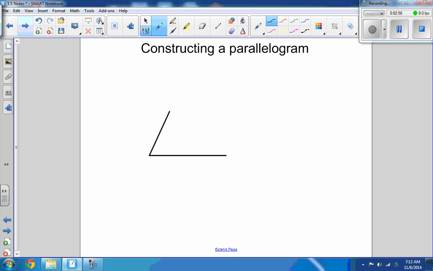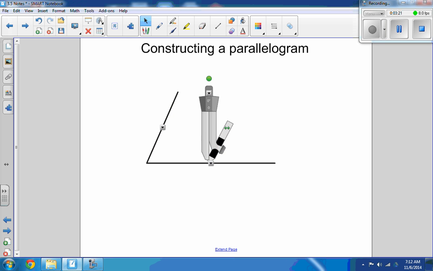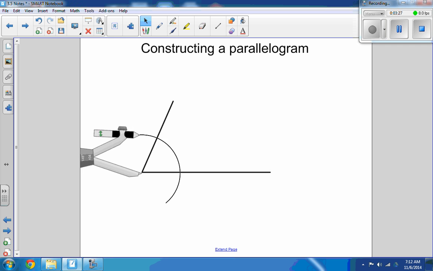So let's use this thought. Let's construct a parallelogram. Well, remember the basic principle of a parallelogram is that opposite sides are parallel. So basically all I need to do is create two parallel lines. I'm actually going to make my parallelogram just a little bit larger here. I make an arc.